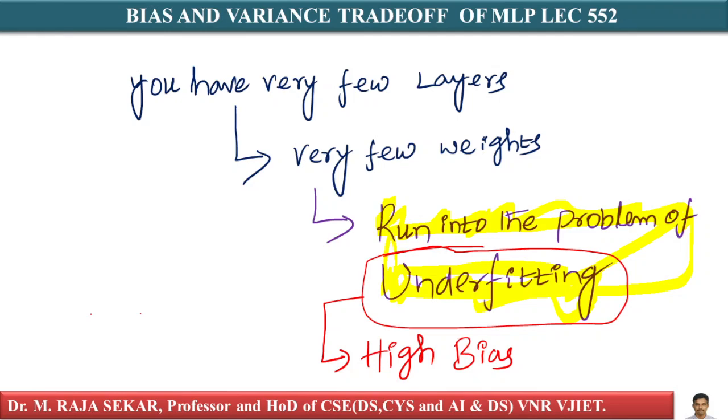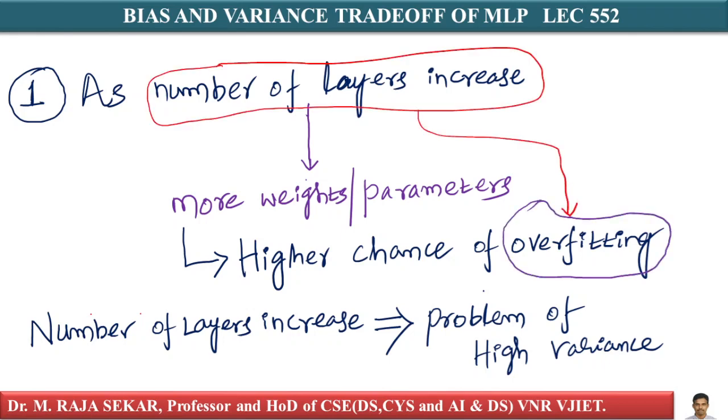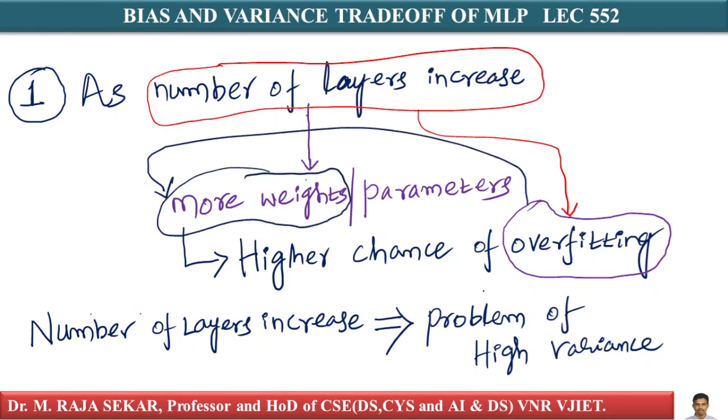As the number of layers increase, you have a problem of overfitting because you have more weights that you can fine tune for your training data. Let's say you have 1000 data points, and let's assume you have 1000 weights.